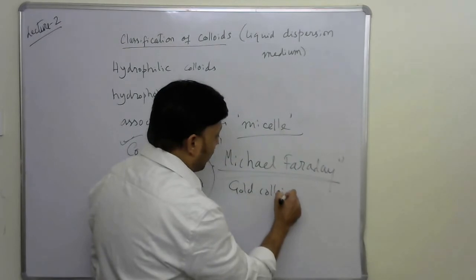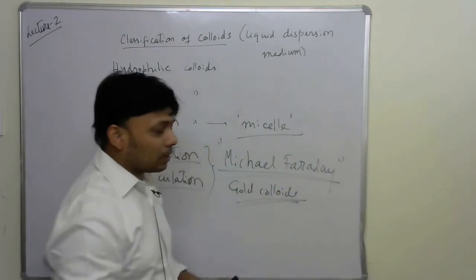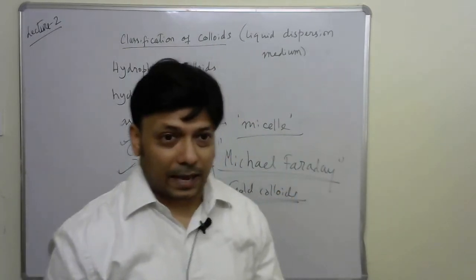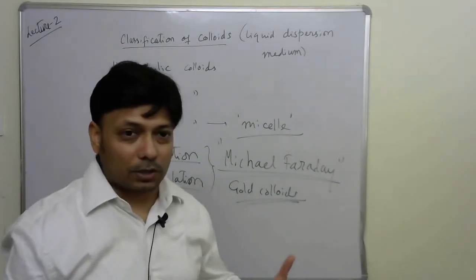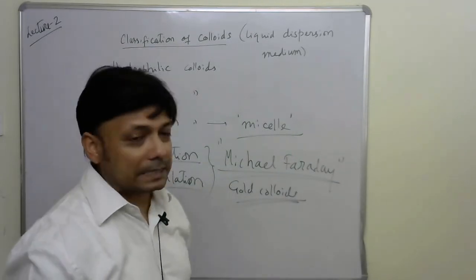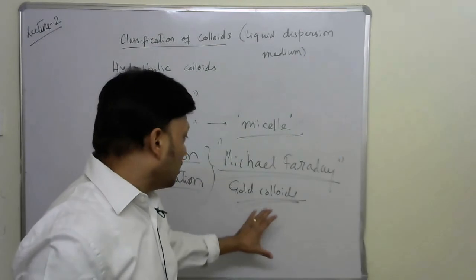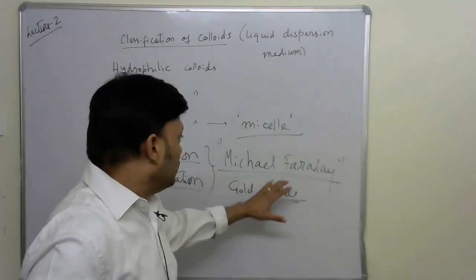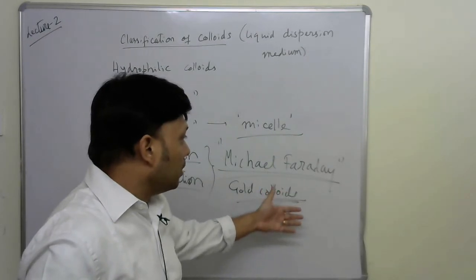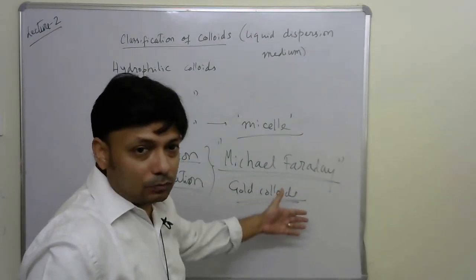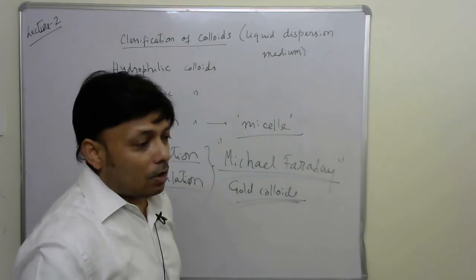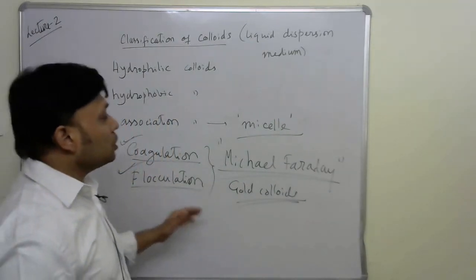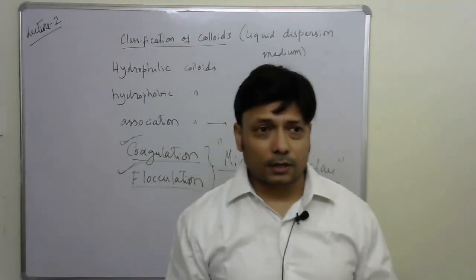In fact, Michael Faraday was the first to show that gold metal can be made in nano dimension or colloidal scale. He first made a stable colloidal gold suspension, so he can be considered one of the forefathers of colloidal science. With this I finish our introduction chapter, that is lecture 2.